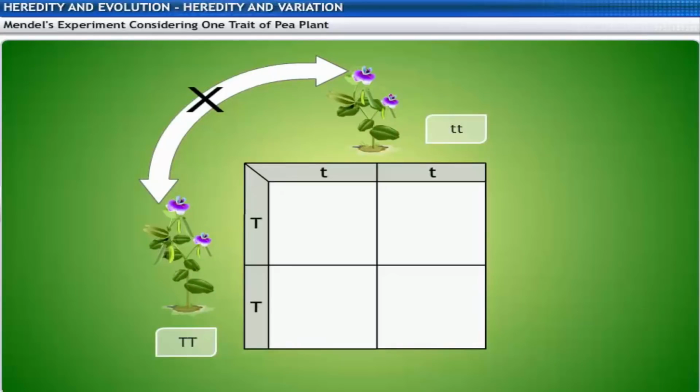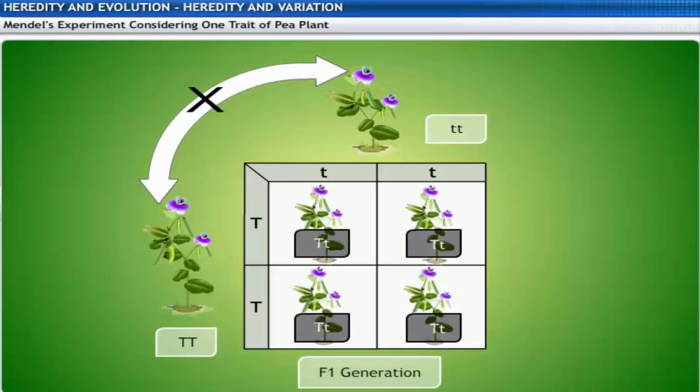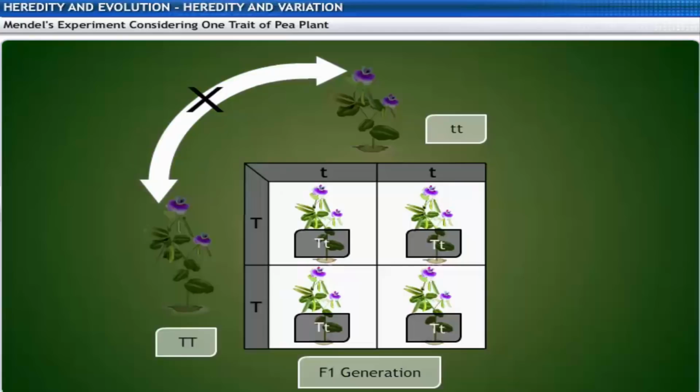The gametes produced by them are T and t, and the F1 generation has all uppercase T and lowercase t progeny. In first generation or F1 progeny, all of the plants were tall.